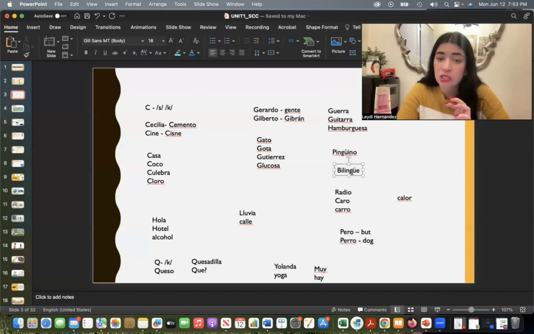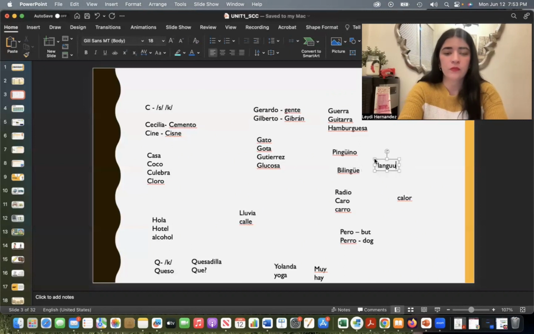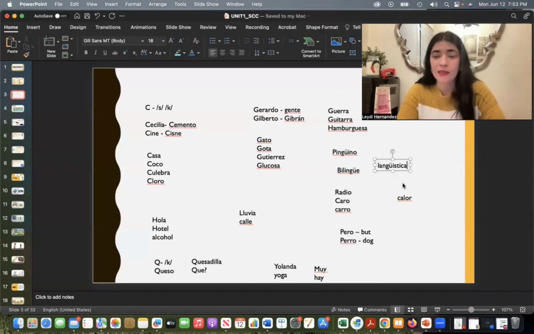We pronounce the G, the U, and the E, bilingüe. Or lingüística, linguistic. But we don't have many words with this sign on the U.